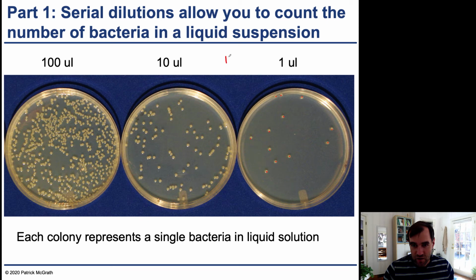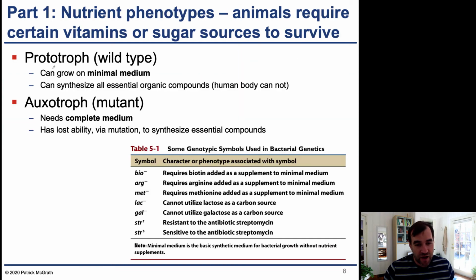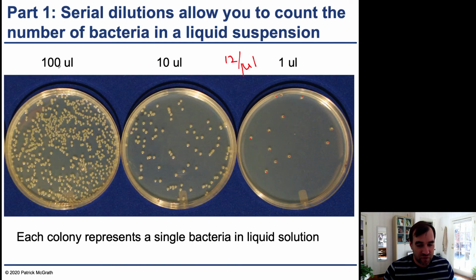So there's 12 bacteria per microliter. If you counted this one, you should see approximately 10-fold more. I'm not going to count all of these right now. And if you count this one, you would see approximately 10-fold more. This is how you can estimate the number of bacteria that are within a solution.